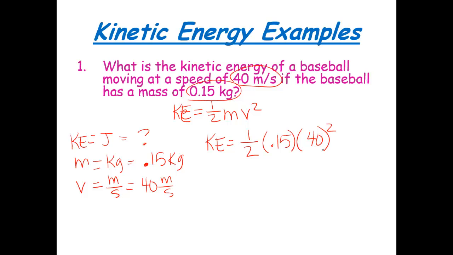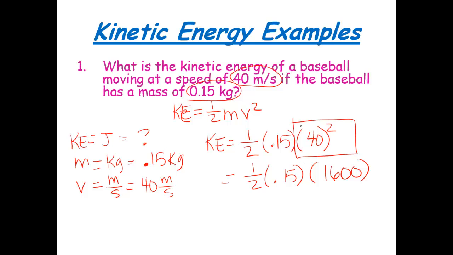I'm going to take 40 and square it. So that's 1600. So 1/2 times 0.15 times 1600. The only thing I did was take the 40 squared. Now I'm ready to just do the straight out math.